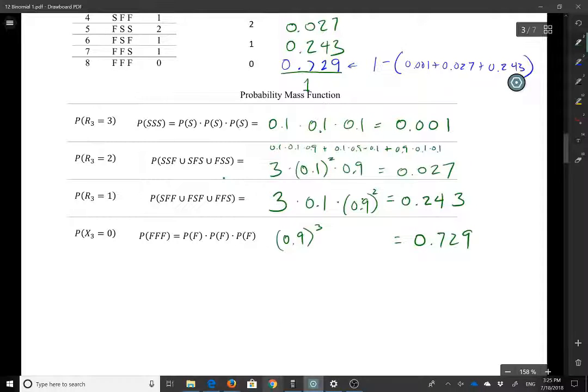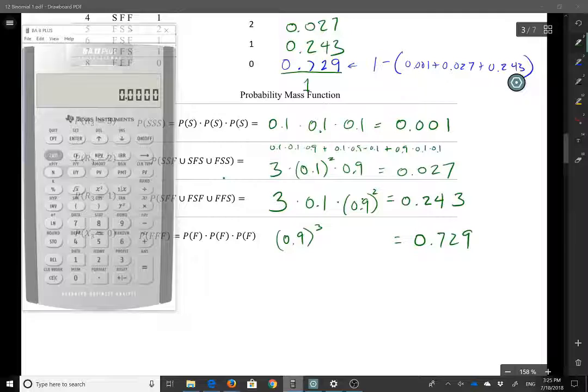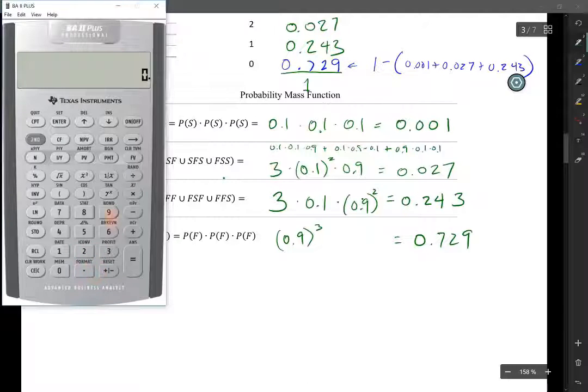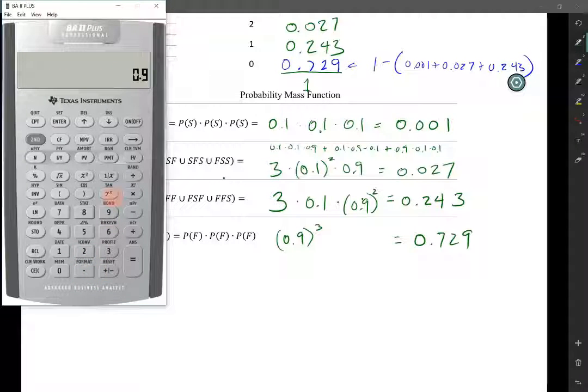Let me see, we can just do 0.9, and then we do y to the x, the exponent. So the number that was there, 0.9, becomes y, and then now this is x, the last one that we put in, and that gives us 0.729.